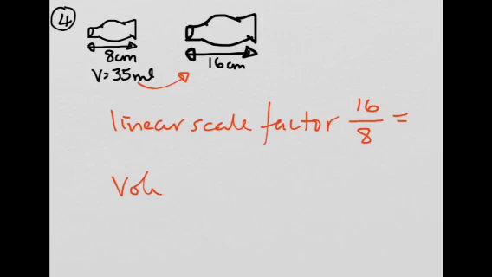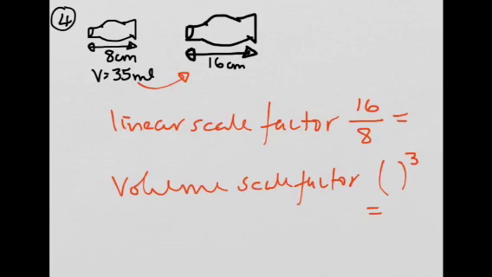We're talking about volume, so we need to find the volume scale factor. How do we find the volume scale factor? Well, you take this answer you've got up there and we cube it, not square it, we cube it for the volume scale factor. And then it's just a case of getting that answer and then multiplying it by the 35 millilitres that's in the small tube, and that will give you your answer for the big tube.